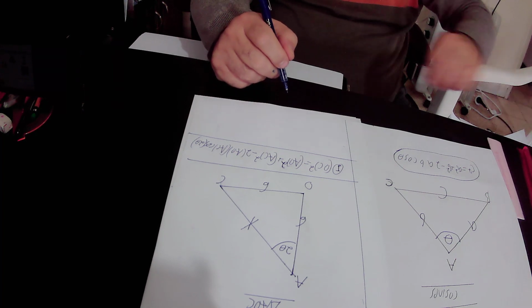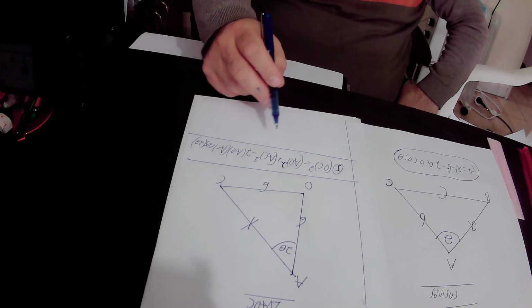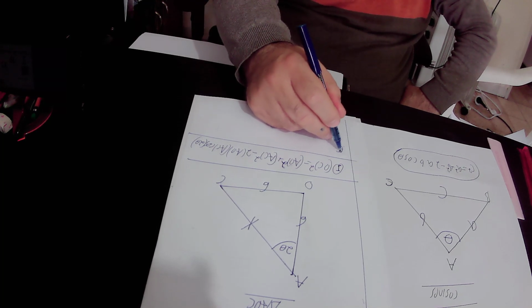Here OC squared is 6 squared, that is 36.